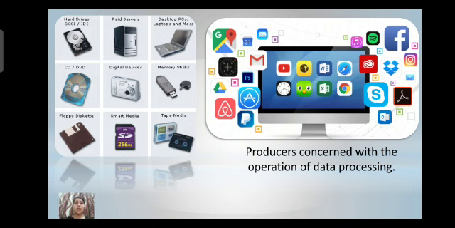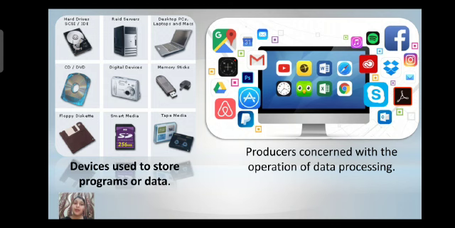For example, CD. We play music and videos in the CD. In a similar manner, beta, floppy disk was used earlier to store the data. So these all devices are used to store data or program. And the other one, these are the procedures that are concerned with the operation of data processing.